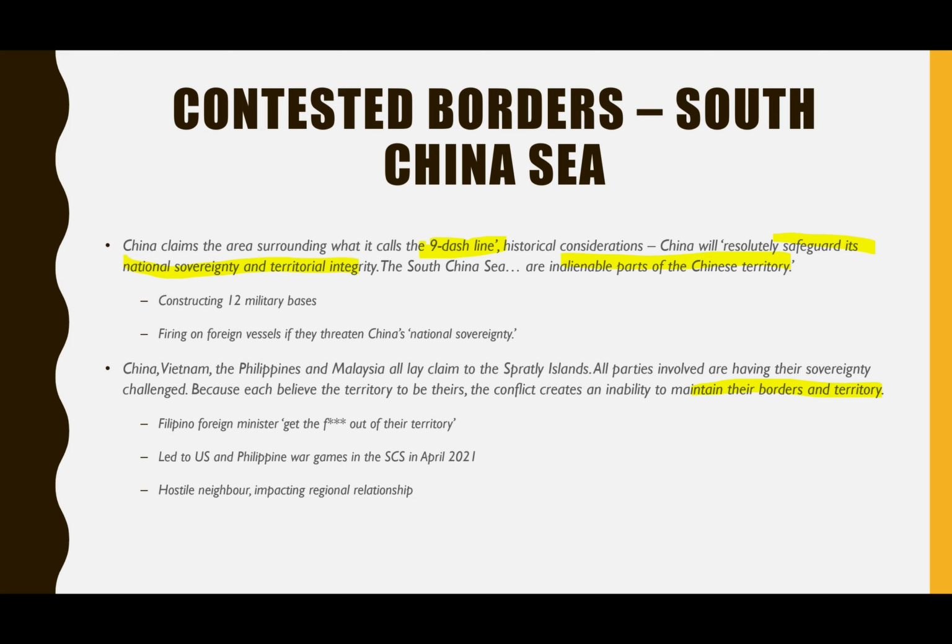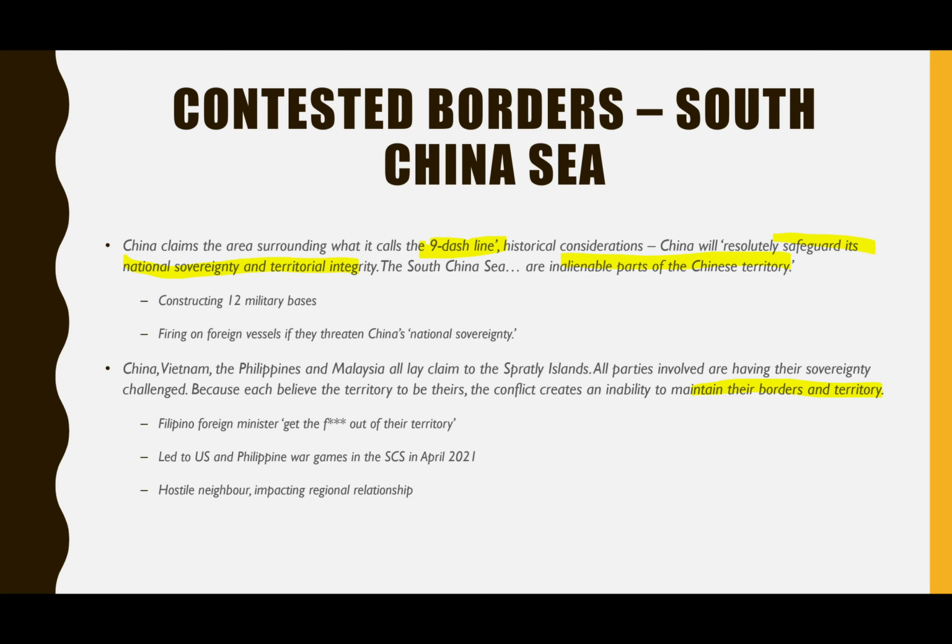We have seen, though, China's actual sovereignty in this area be challenged. Not just China threatening and intimidating its neighbours, but their sovereignty has also been challenged in this area. This kind of started with the Court of Arbitration ruling that China did not have control over this area.